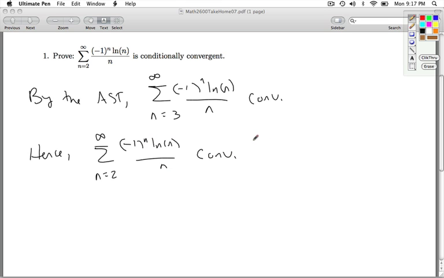Another way to say it is as long as these conditions are met at some point on. So for some point on, the sequence is decreasing. In other words, as long as the tail of the sequence is decreasing, then you're fine. So that shows that the series as given is convergent.